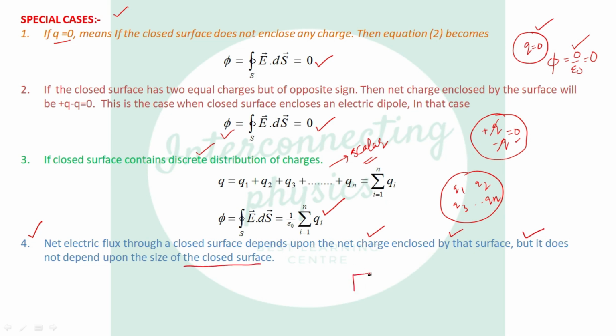Suppose we have a small cube whose edge is maybe 1 centimeter, and the charge is q here, and a big cube whose edge is 3 centimeter. Then the electric flux will be q over epsilon naught here, and also q over epsilon naught there. It only depends upon the charge enclosed by the surface and does not depend upon the size of the surface.